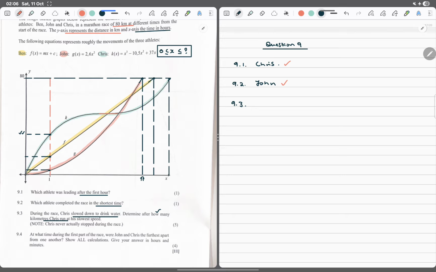So essentially, right around this point, we actually have a point of inflection instead. We don't have turning points, but we do have a point of inflection. And the question now says the distance traveled. After what distance did this guy travel? So this means we're looking for perhaps the corresponding y value of the point of inflection.